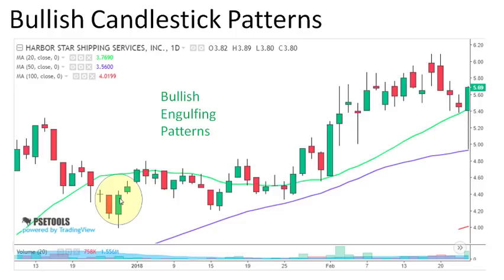So, example, bullish engulfing, ito. Meron kang red candle or black candle, and then in-engulf niya yung body ng candle, kaya bullish engulfing. Ito naman, bullish engulfing pattern, in-engulf niya lang.